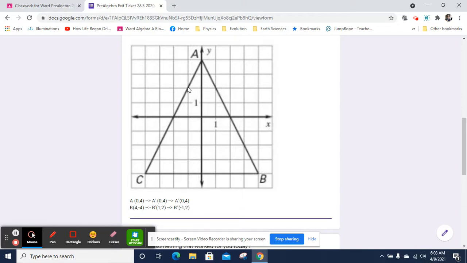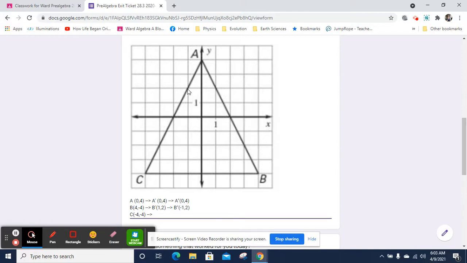Okay, and now C is going from (-4, -4), and it's also 8 below, and it's 4 to the left. So it's going to now be 1 to the left, 1/4 of that distance, and 2 down instead of 8 down. So it's going to be right on the other side of where B prime is.